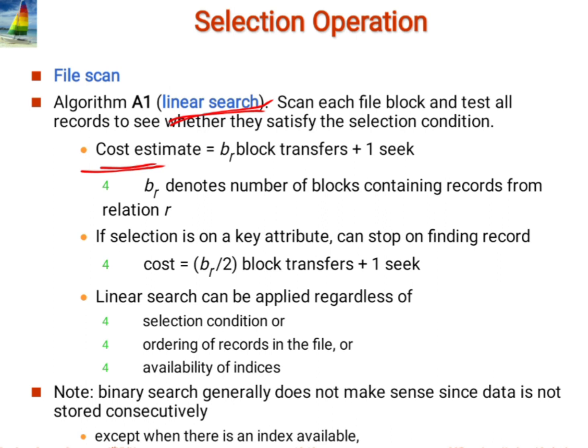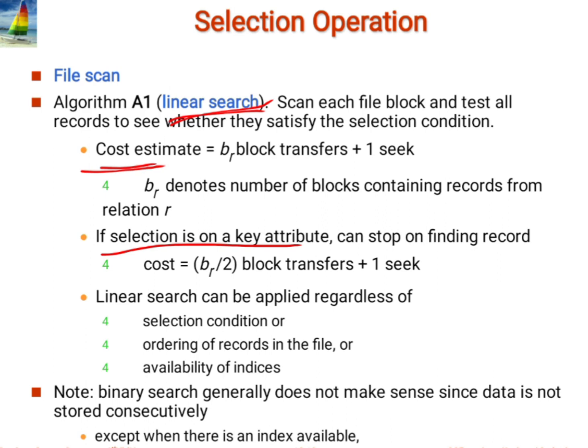Now suppose the selection is on the key attribute, right? What do you mean by this? Suppose I have 70 students and the key attribute is 30, then I should stop there only, I should not go beyond 30.